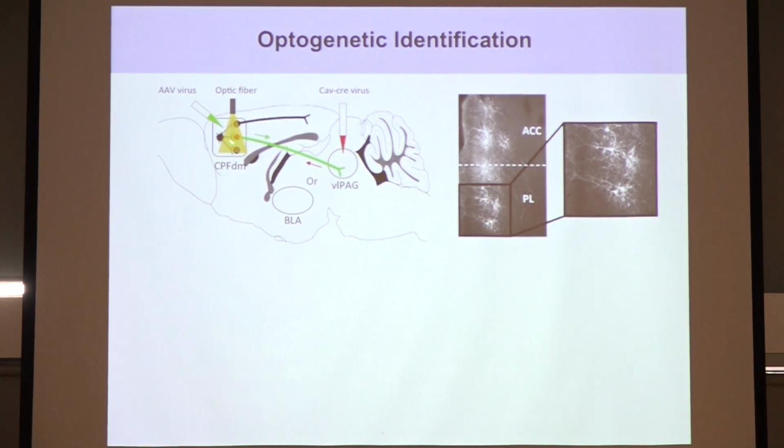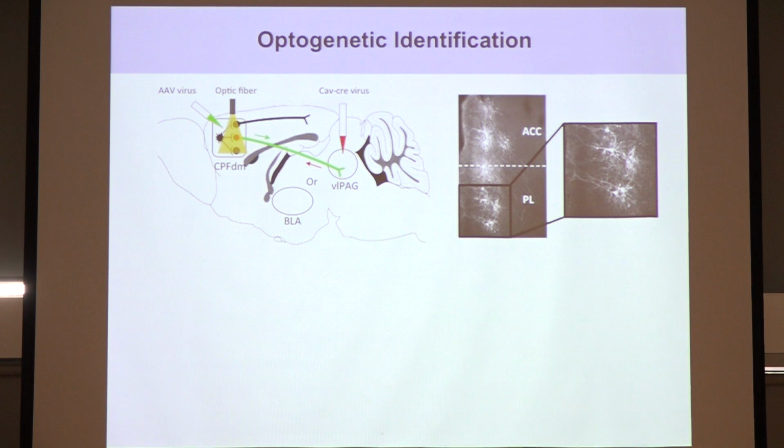So you infect specifically the neurons that project to the structure you are interested in. And then you put the optic fiber in the prefrontal cortex in this case. And this is an example of back-labeled neurons in the cingulate cortex and the prelimbic area following an injection in the VL-PAG. So you can clearly identify neurons and manipulate those neurons. And this is a more specific approach.